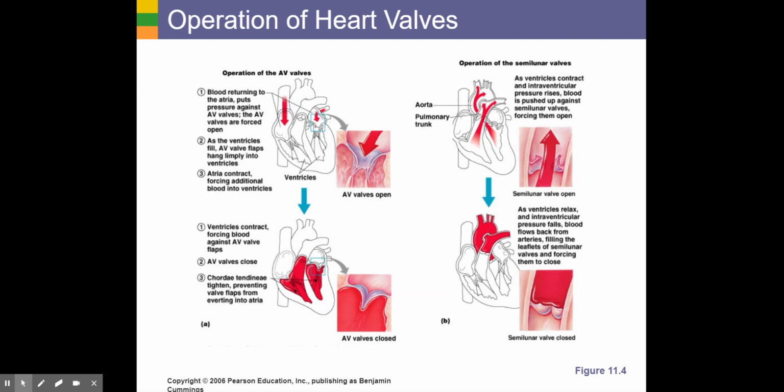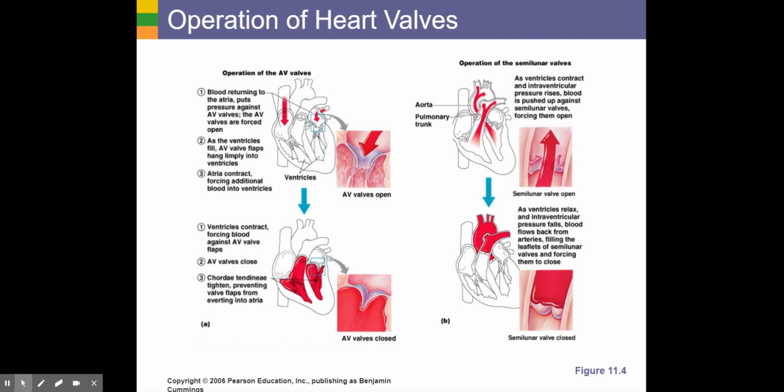So when the atriums contract, both cuspid valves or both atrioventricular valves are open. All right. When the ventricles contract, they are now closed, and then the semilunar valves are open. All right. The semilunar valves are closed when the heart is actually in between beats. All right, so we usually hear a heartbeat of like lub dub, lub dub.